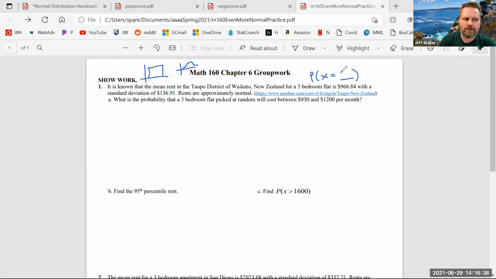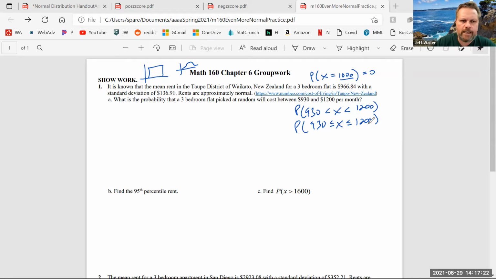So if I said what's the probability x equals 1,000, of course you're making an assumption here that it truly is continuous, this would be 0. There is a little bit of an assumption I'm making, that we're pretending the prices are actually continuous. So it doesn't matter if you write this as this or this. These both mean the exact same thing, since we're assuming it's approximately normal. Does that make any sense?